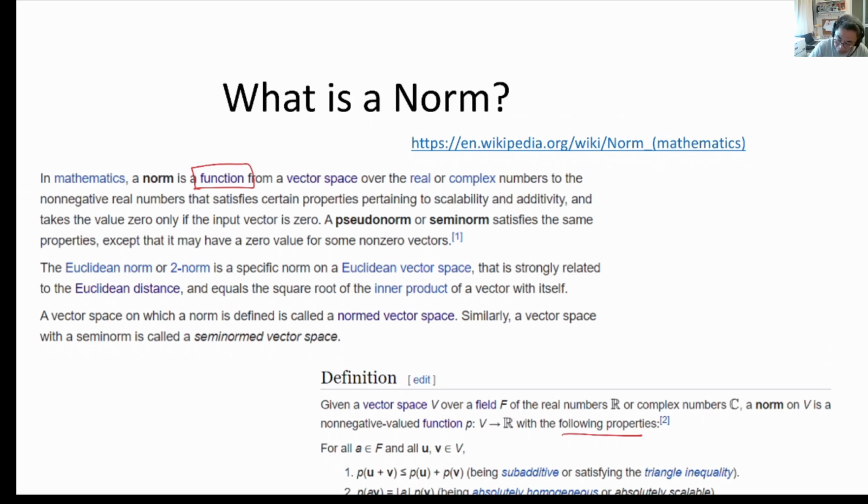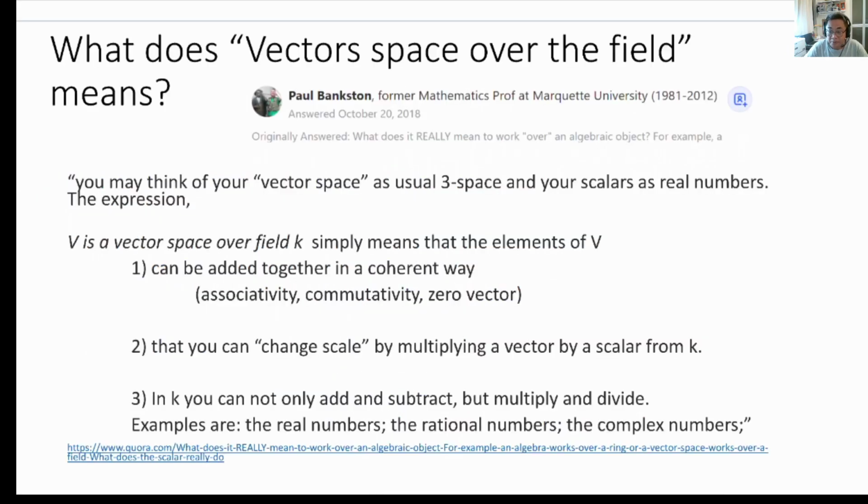What is a norm? It says a norm is a function from a vector space over the real or complex numbers. What does "over the real or complex number field" mean? In our linear algebra, our vector spaces are the spaces R2 and R3, and the scalars, for example alpha and beta, are real numbers, or sometimes complex numbers.